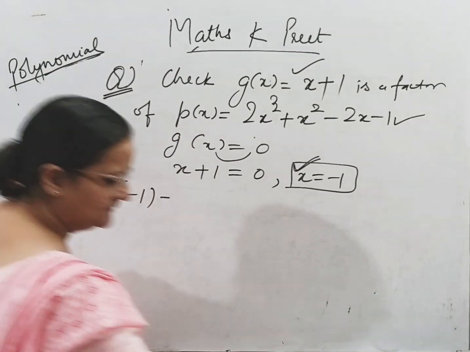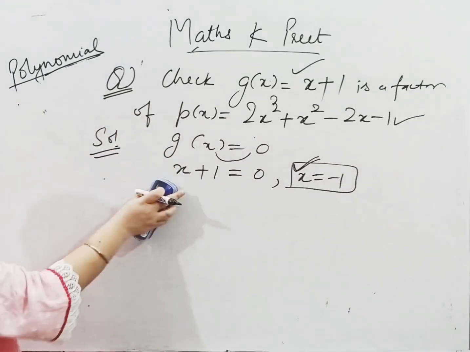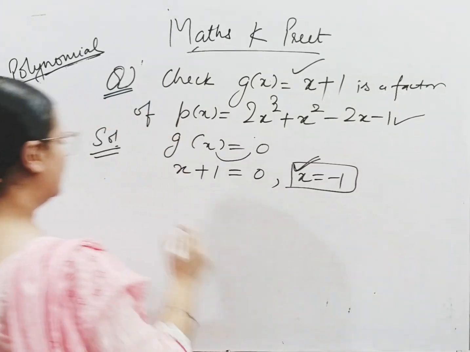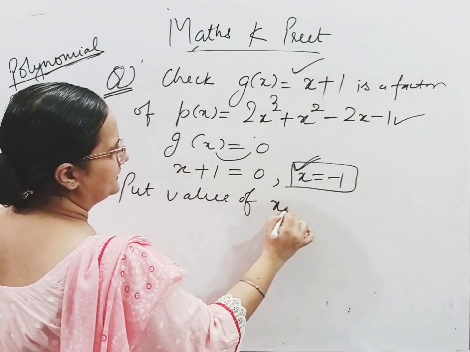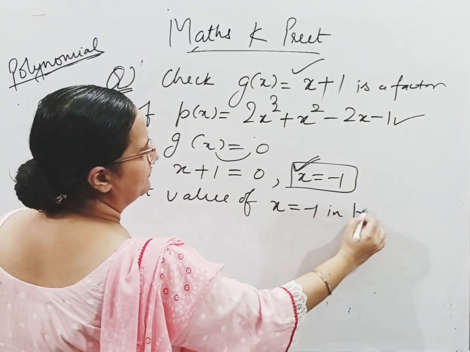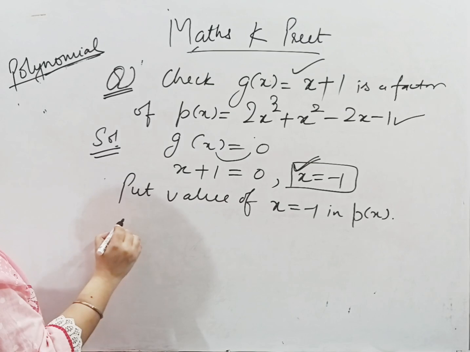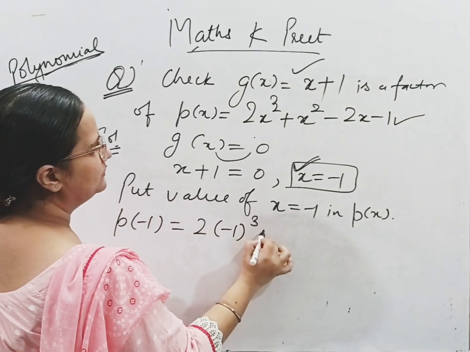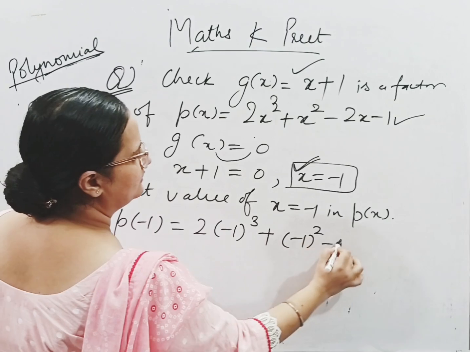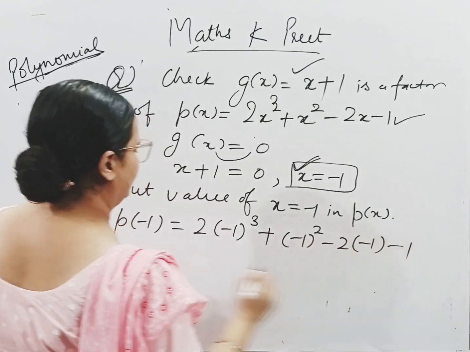Put the value of x. What is the value in p(x)? So p(minus 1) will be equal to 2 times (minus 1) cube plus (minus 1) square minus 2 times (minus 1) minus 1.